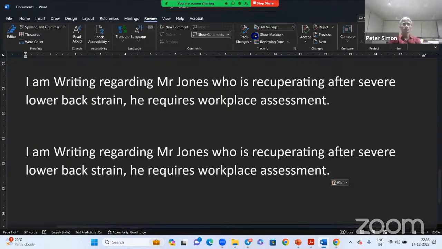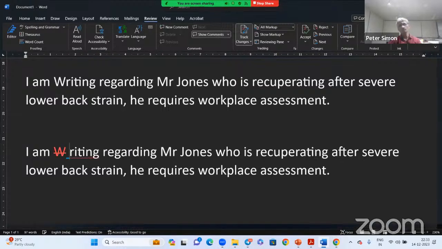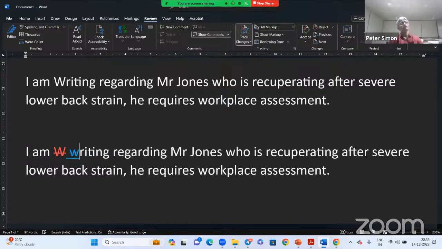Now let me correct this sentence. I am writing. Why are you using a capital letter here in the middle of the sentence? Don't tell computer mistake, sir. No, you are sending it to me. It is your mistake. Computer cannot type on its own, no? You have to check, right? At least you have to proofread, right? Without proofreading, how can you send me?